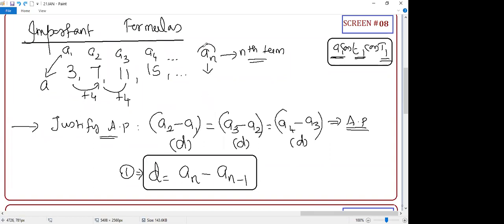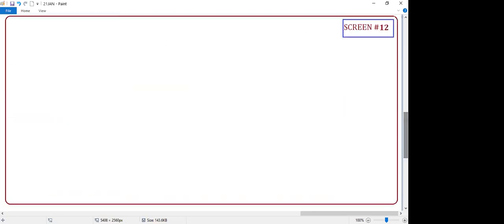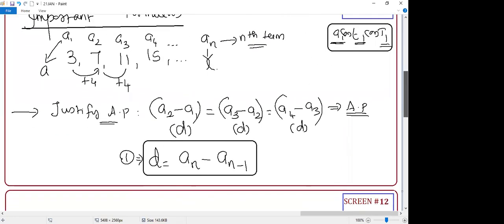In general, the nth term, you are very correct, AN is called L also. Please remember, the nth term is called your last term. Clear, students? By using that, I'm going to derive a few other important results.